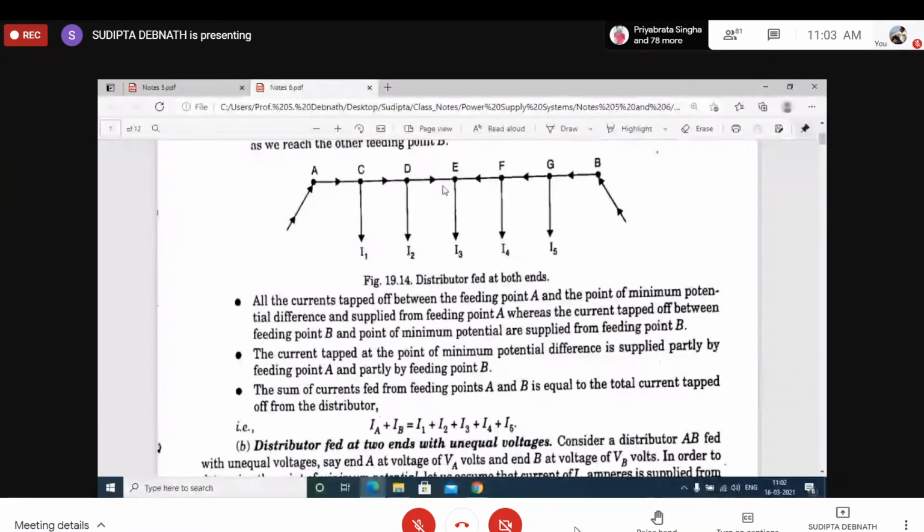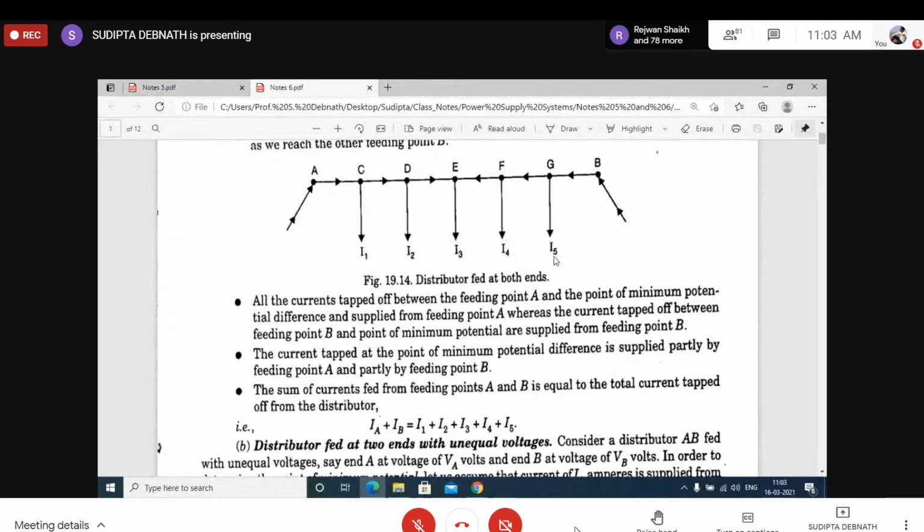So you cannot say that the current entering at A is equal to the current entering at B. Let us consider the current entering at A is IA, and the current entering at B is IB. This much we can write: whatever current is entering is equal to the current leaving. So IA plus IB will be equal to I1 plus I2 plus I3 plus I4 plus I5.